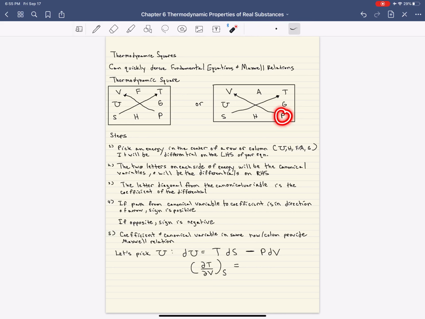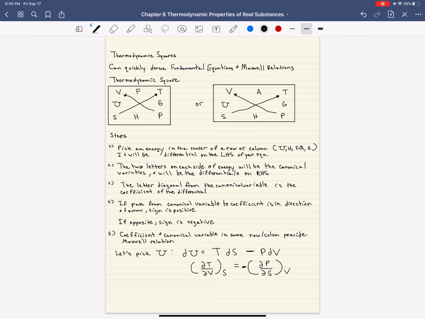Coefficient is P, canonical variable is S. So dP/dS, at constant V. And there's also the negative sign. We can't forget that. Just by using that thermodynamic square, we're able to get the Maxwell relation really quickly. We don't have to think about taking second derivatives or remembering what the partial derivatives are.